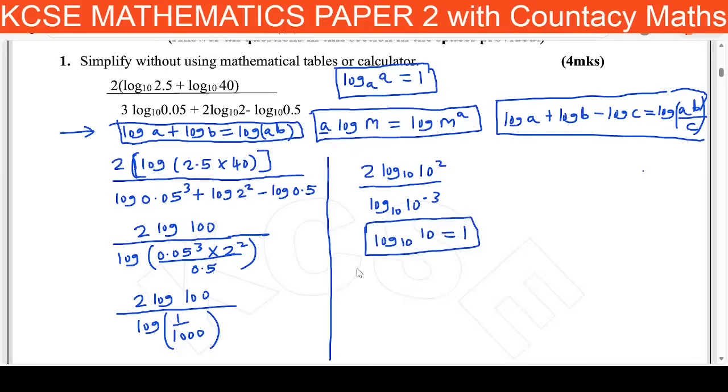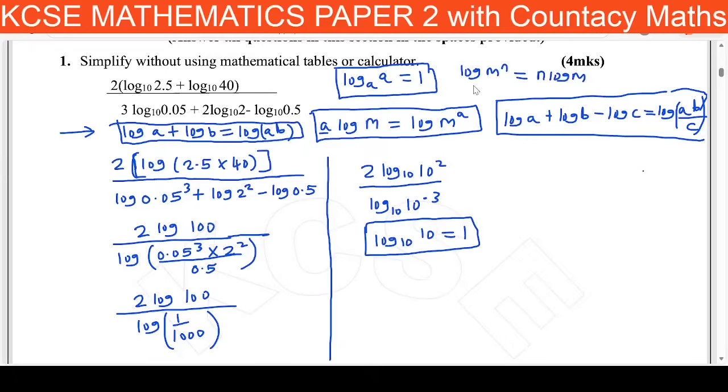Very important. Another law that you are going to apply here is that when you've got logarithm of m to power n, this one will always give you n logarithm of m.